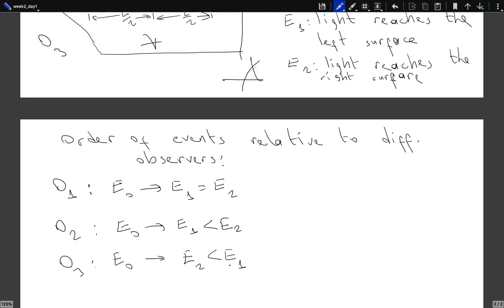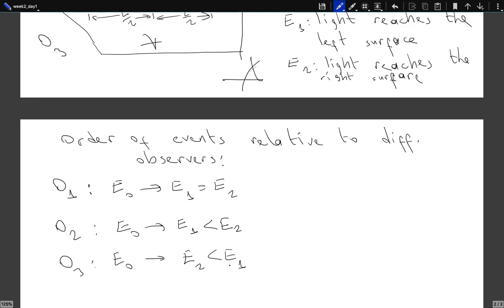So now, even simultaneity doesn't make any sense, because it will depend on the observer. If it depends on the observer, can we say if observer 2 and 3 observe the events simultaneously, but they differ in position? Can you repeat?